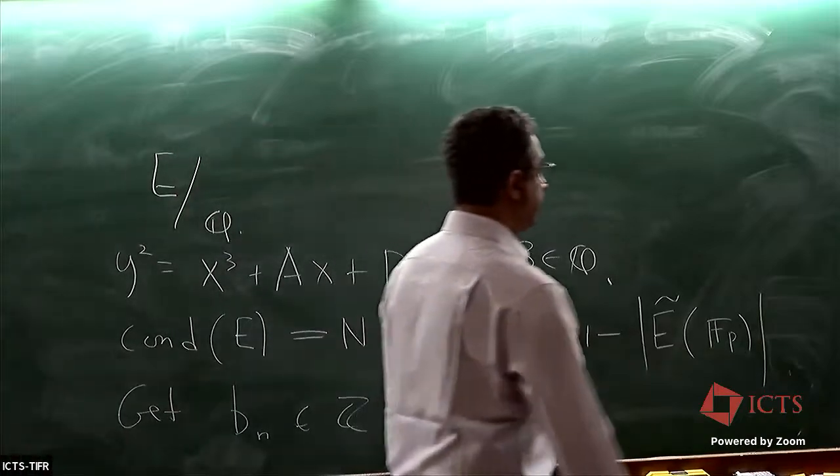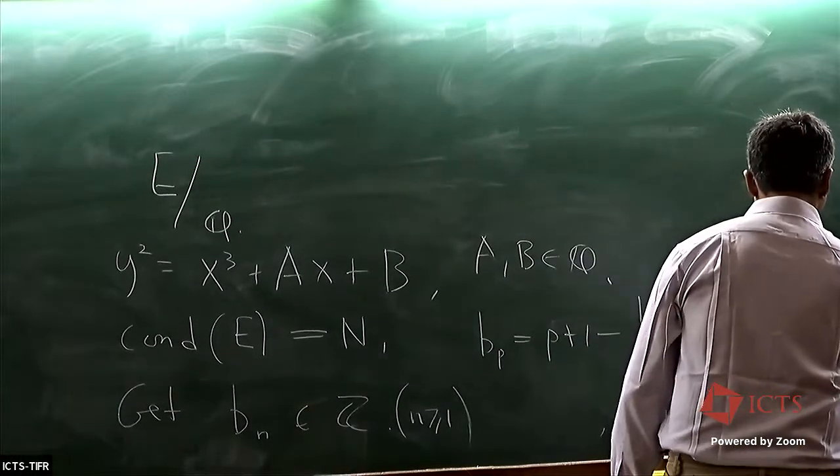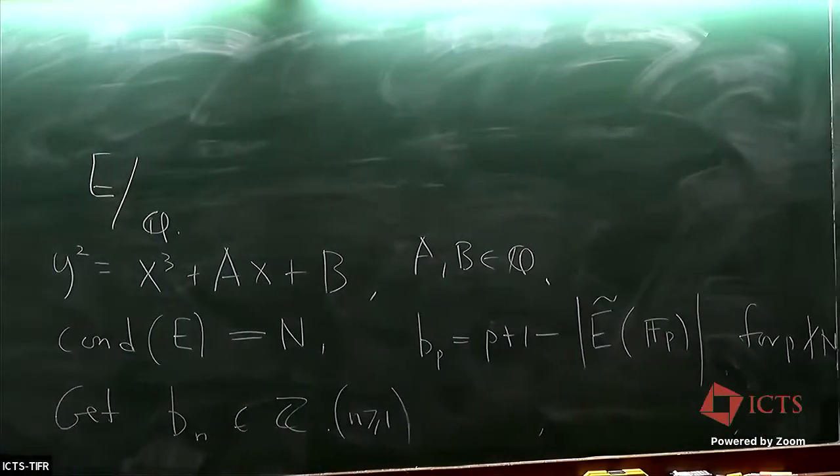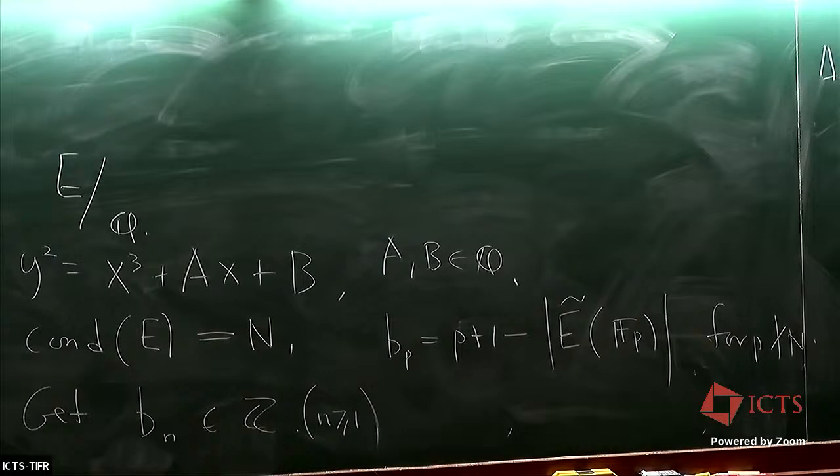So that's for p not dividing N. For p dividing N, you can define b_p in some ad hoc way: 0 if p squared doesn't divide N, or if p squared divides N, and some other cases. Let me not go into all of them.